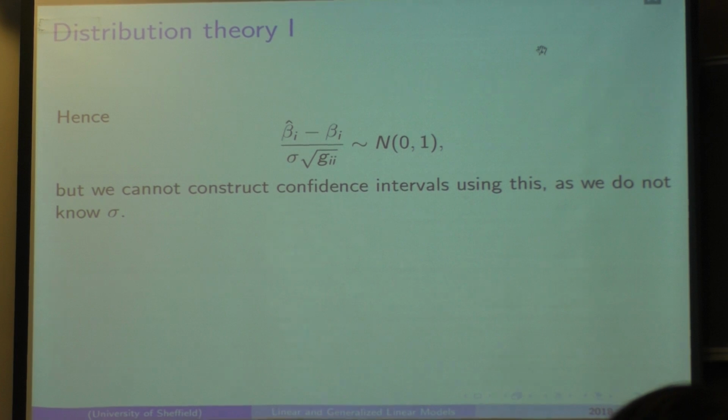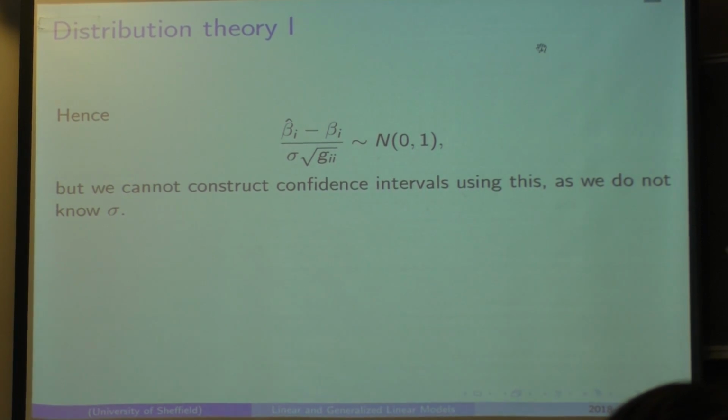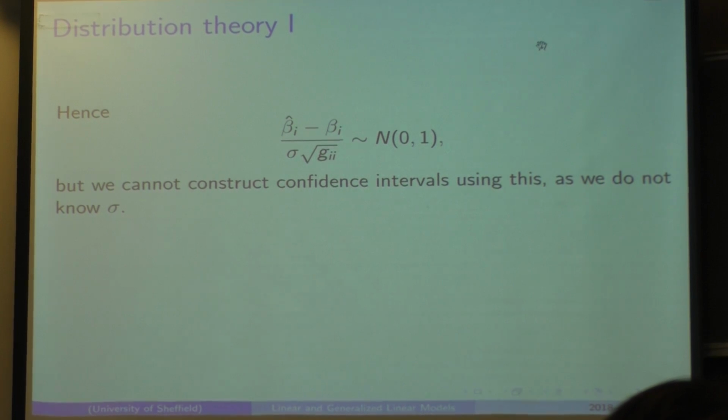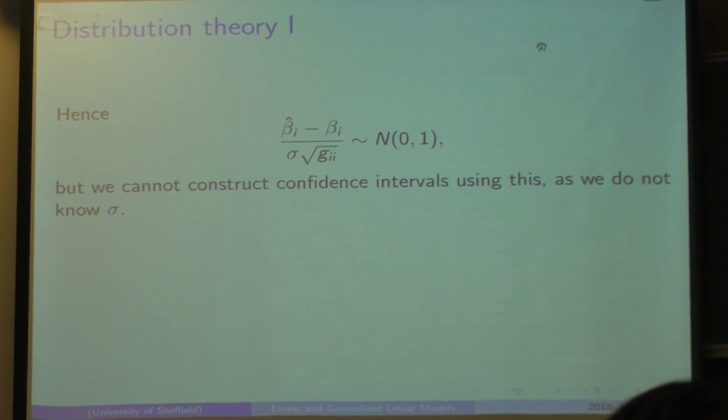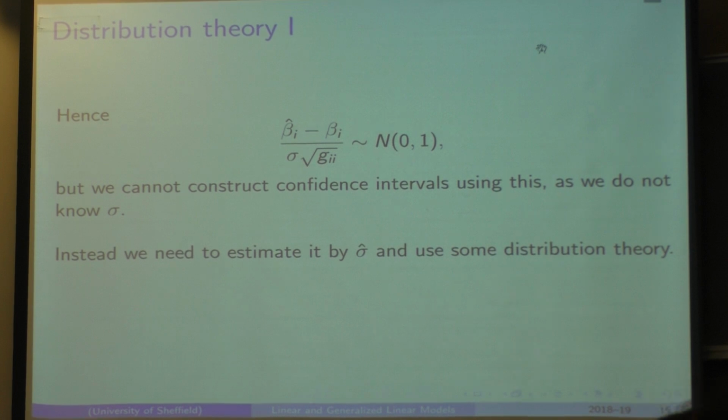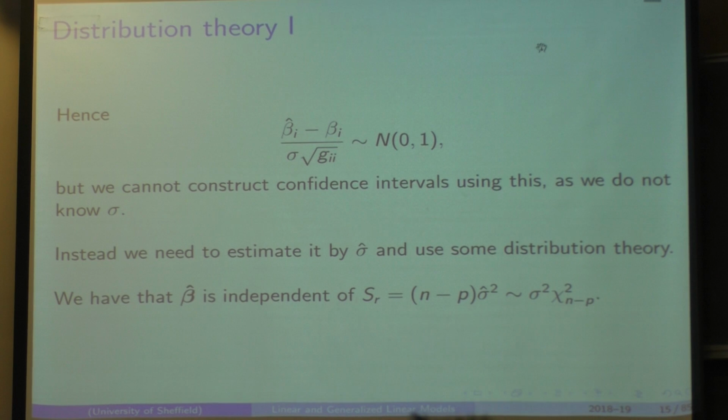Okay, we don't know sigma, so we can't directly construct confidence intervals using the sigma that's here. What we need is to replace the sigma there with our estimate of it, sigma hat, and see what happens to the distribution on the right, the normal 0, 1. Okay.